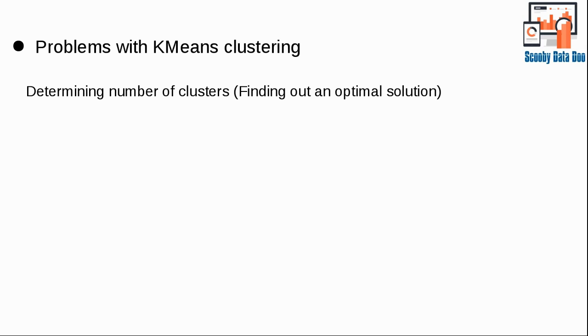Now we will solve one problem: how to find an optimal solution in terms of determining the number of clusters. The thing we always randomly initialized was the number of clusters, the value of k. Now we have a way to come up with an optimal solution which can help us decide how many clusters we can generate out of this data set.